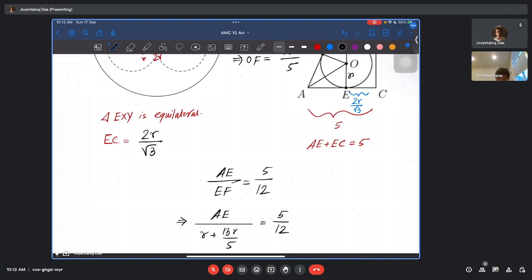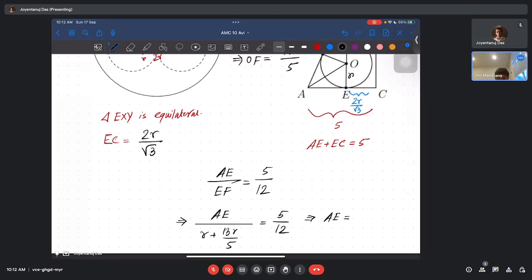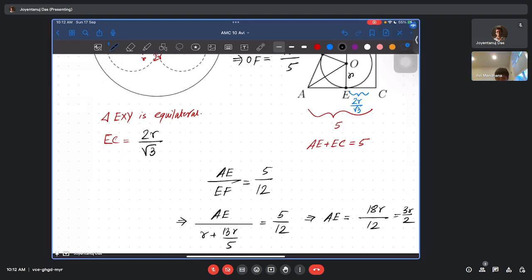Now can you simplify what is AE in terms of R? So it's 18R divided by 12, 3r by 2, right? Yes, now we can just use this equation. So AE is 3r over 2 and EC I know is 2r over root 3, right?